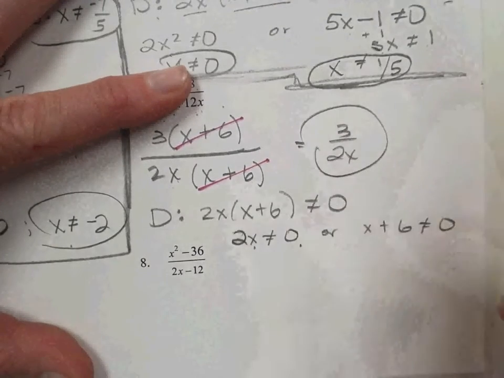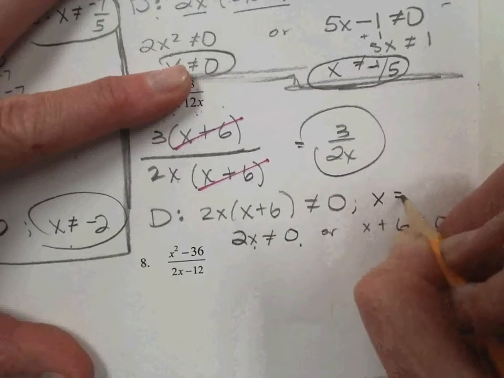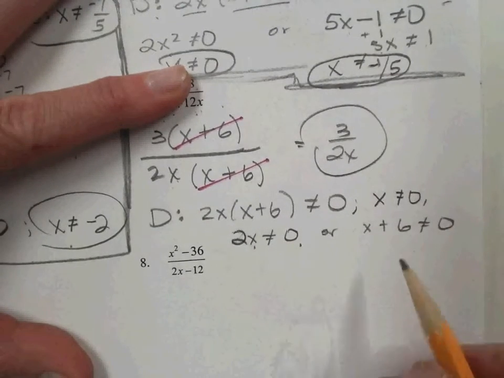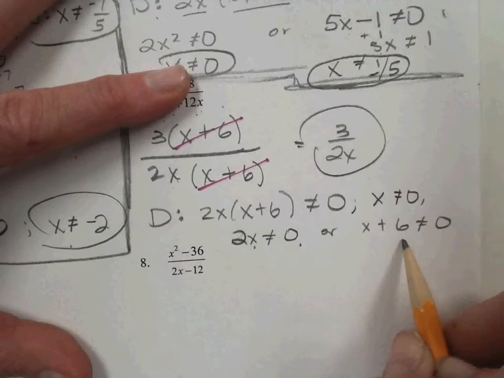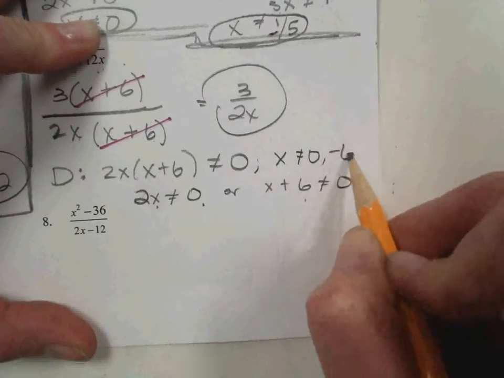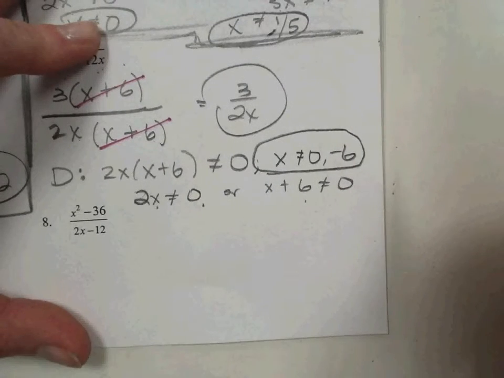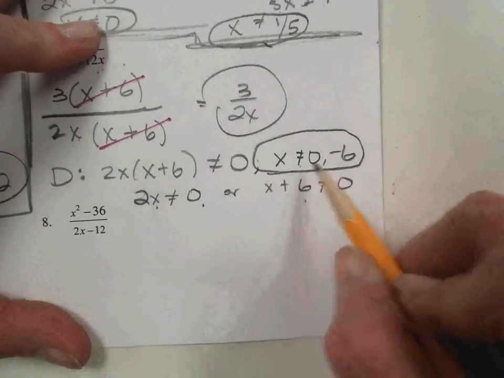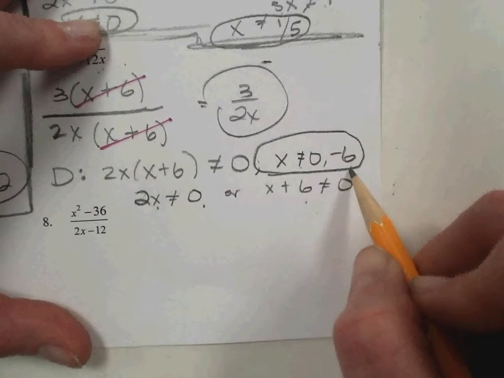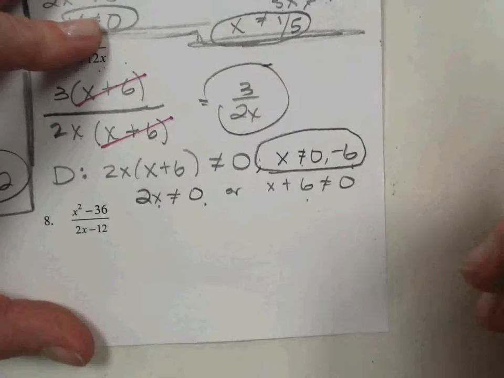Divide both sides by 2. 0 divided by 2 is 0, so x cannot be 0. Subtract 6 from both sides on this one, so x cannot be what? Negative 6. So if we were graphing this, you would expect two vertical asymptotes, one at x equals 0 and one at x equals negative 6.